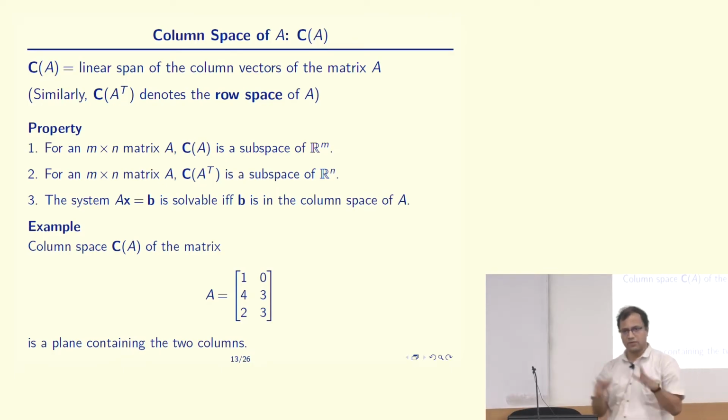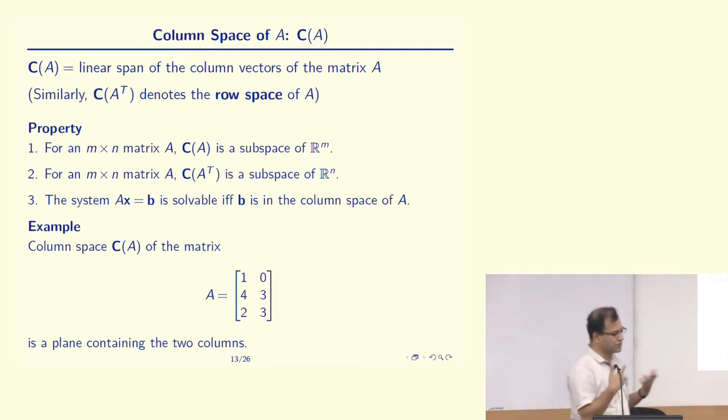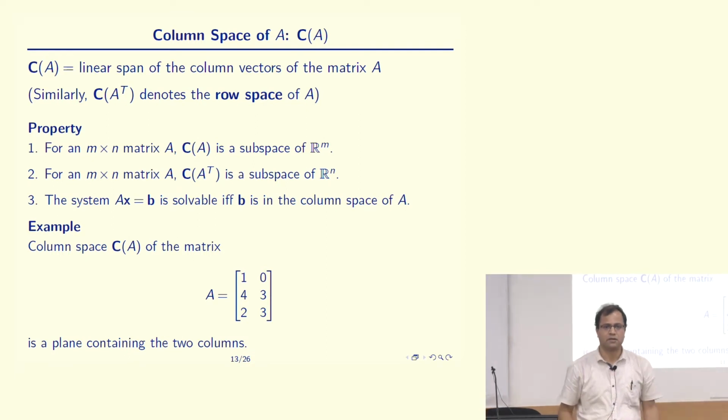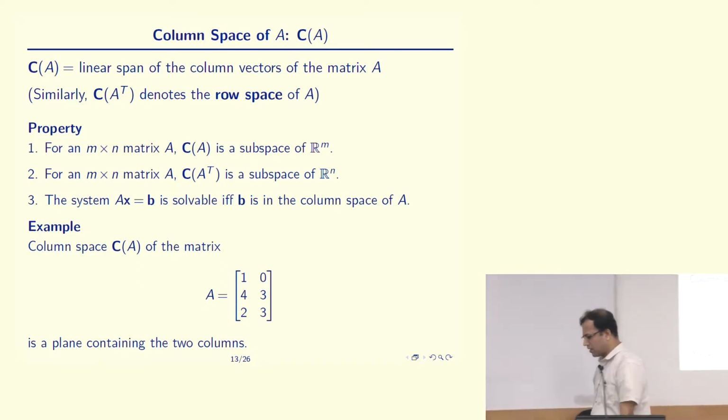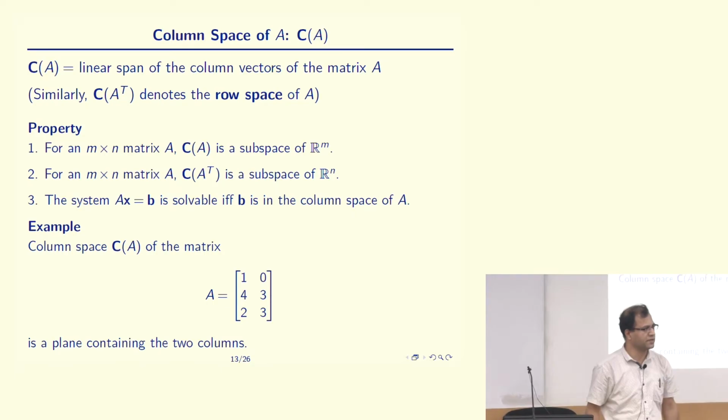Now we started with that matrix and that system of linear equations. So what will be the similar linear span of the column vectors of that matrix, this matrix A? That is called the column space of the matrix A, right?